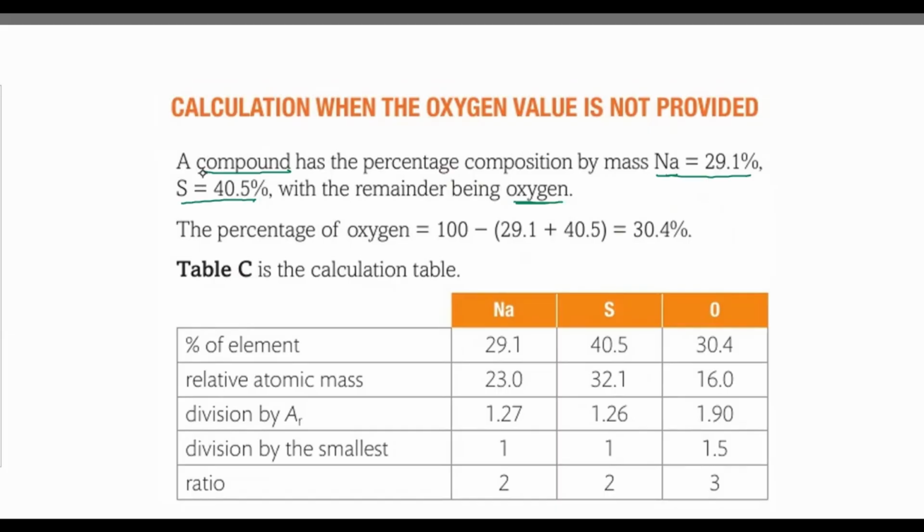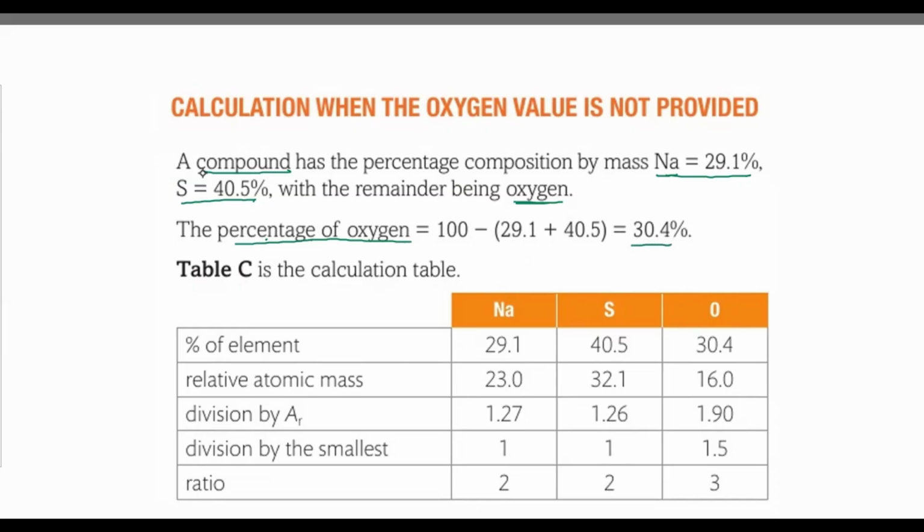So these are the percentages. We know that the compound is 100%, of which 29.1 is sodium and sulfur is 40.5. So the remaining will be your percentage of oxygen. So 100 minus the sum of the percentages of sodium and sulfur gives the remaining, which is oxygen.